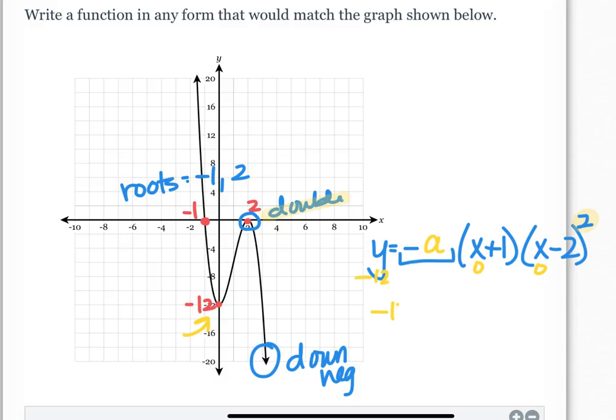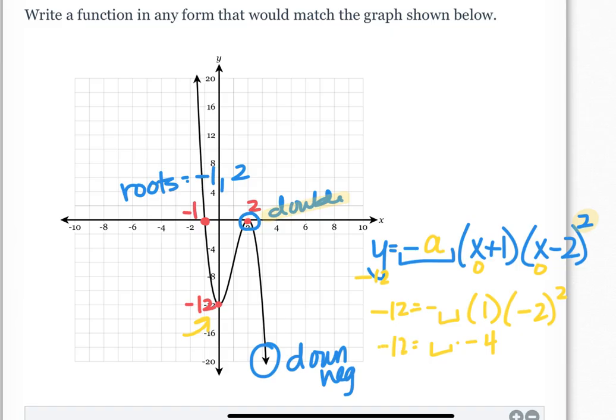So this is negative 12 equals negative something times 1 times negative 2 squared. So I know that the 1 times the negative 2, this is something times negative 4 equals negative 12.